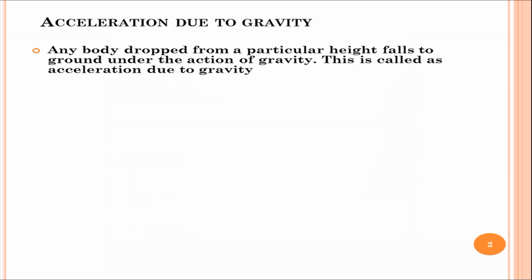We understood that objects near the surface of the earth are pulled towards the earth with an acceleration. This acceleration is called acceleration due to gravity. Any body dropped from a particular height falls to the ground under the action of gravity.